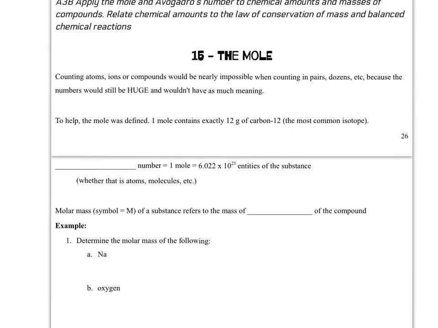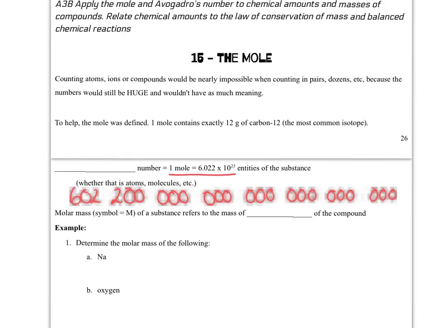So the number for a mole, what 1 mole represents, is 6.022 times 10 to the 23 of that substance. What 6.022 times 10 to the 23 looks like is this number that I wrote below.